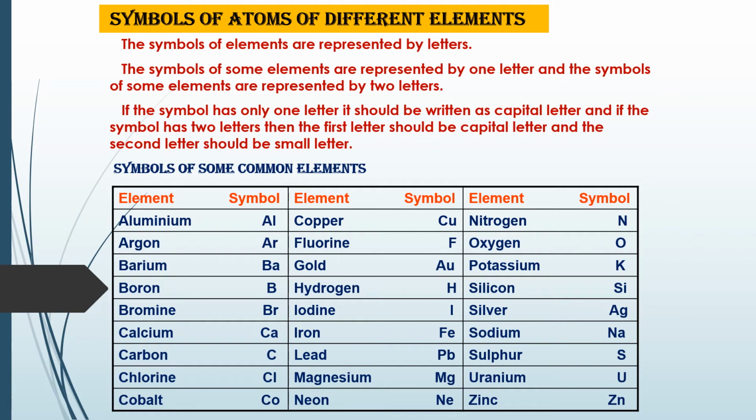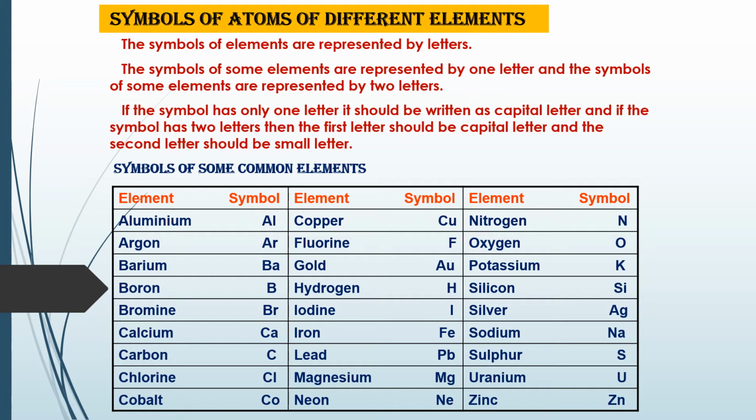Now let us see the symbols of different atoms that we are familiar with. The symbols of elements are represented by letters, sometimes by a single letter and sometimes by two letters.